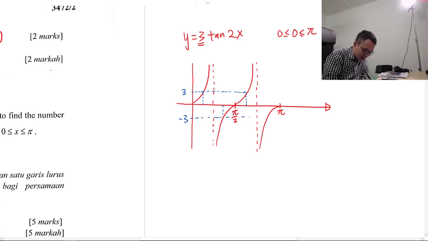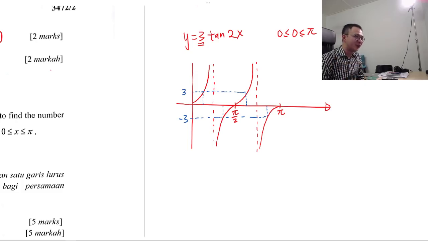And at the same time you should have the -3 on the middle here. Alright, but I guess in SPM you do not need to show the 3 and -3. 2x, okay, basically for tangent, 2x means 4 cycles in 2 pi. But because the question only asks you to draw to 1 pi, that's why I said 4 cycles in 2 pi, right? That means 2 cycles in 1 pi.